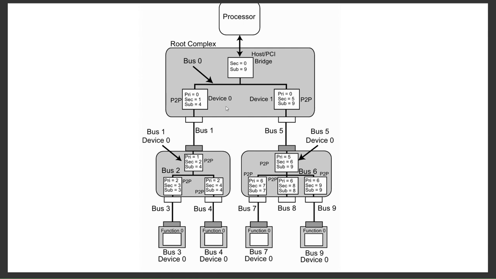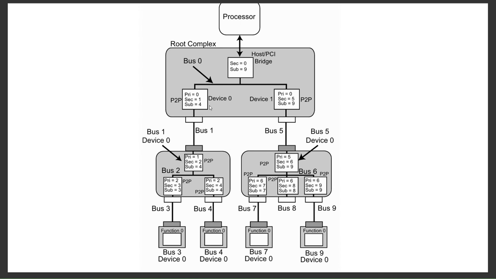So how will we now number the secondary and subordinate? As we can see here, this is device 0. Just below it we have bus number 1, so the secondary bus number for this is 1, and the subordinate, which is the maximum bus number below this device, is 4.